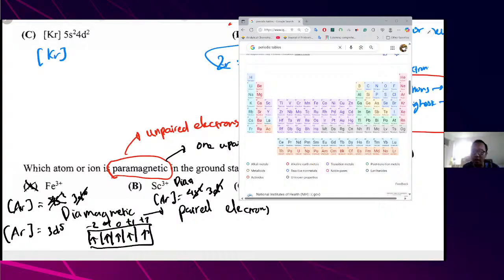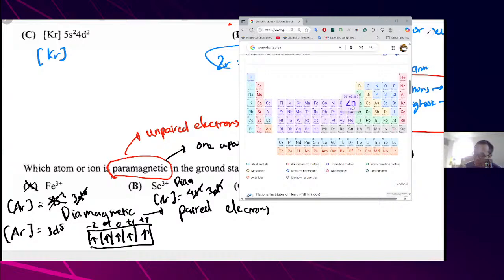How about zinc 2+? Sorry, zinc 2+. With the same concept as the previous one, it should be [Ar] 4s2 3d10. As you can see, zinc is 30, so this is 18, 20, and then 30.